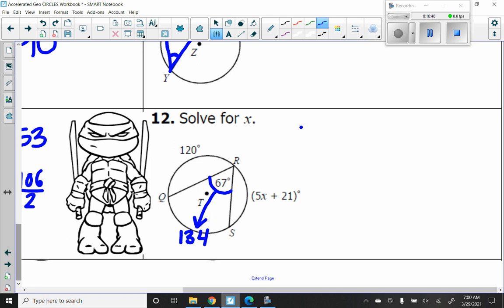Now all arcs: 120 plus 134 plus the 5x plus 21 equals 360. And there are some examples of inscribed angles. Remember, inscribed angles are half of their arc. The arc is the bigger one.